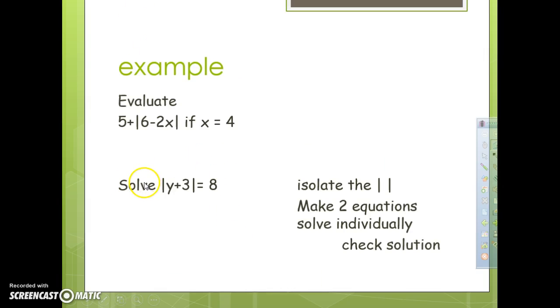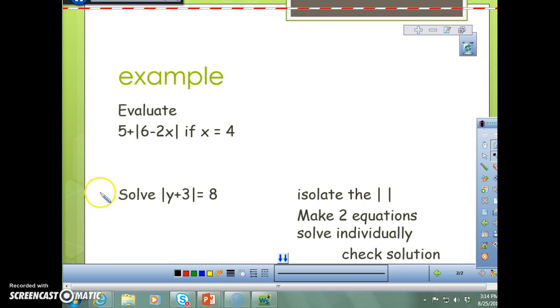All right, so let's look at some examples here. We're going to first do an evaluate problem. Evaluate means that you're going to substitute a value in, and then you're going to do order of operations.